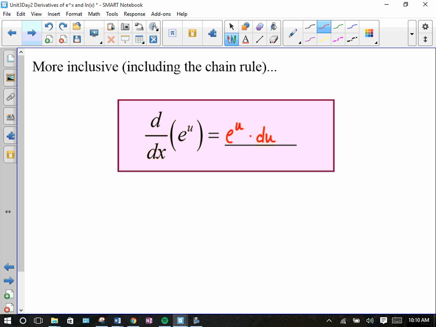It'll make a lot of sense when you see the example. Now that we know the chain rule exists, we always have to make sure we're including it. So let's look at some examples.